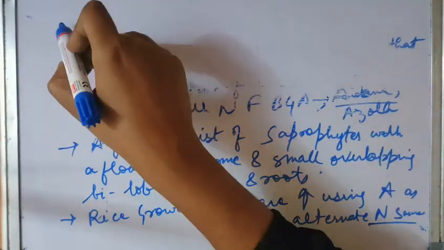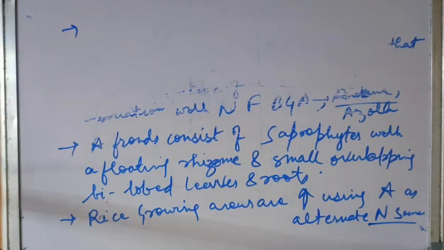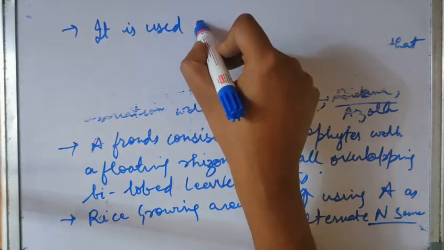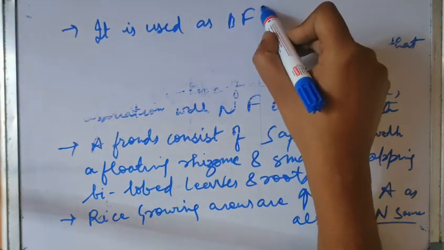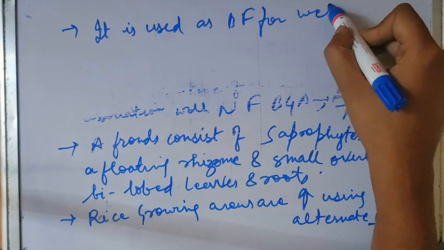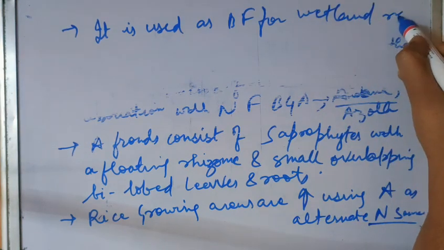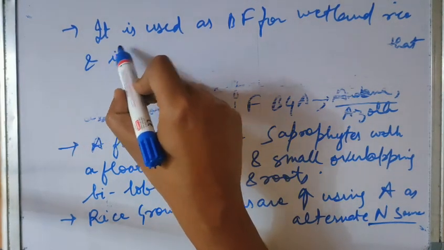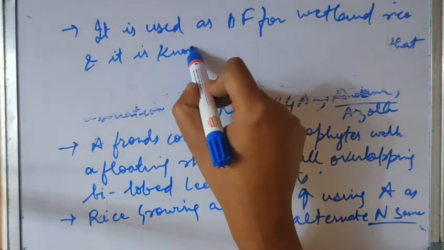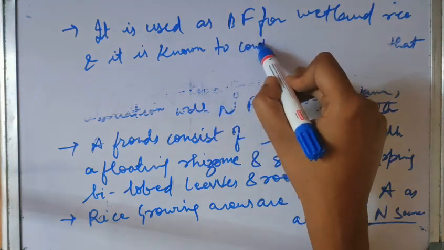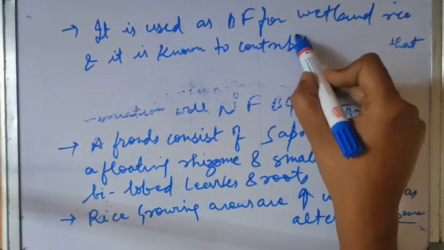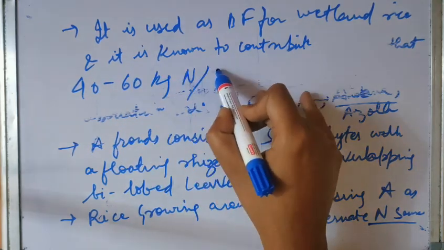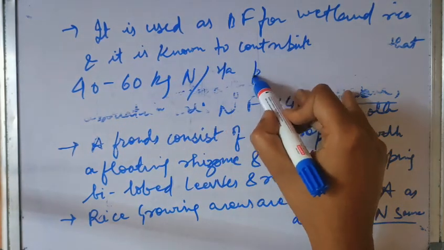Next point is it is used as biofertilizer for wetland rice, and it is known to contribute 40 to 60 kg nitrogen per hectare per rice crop.